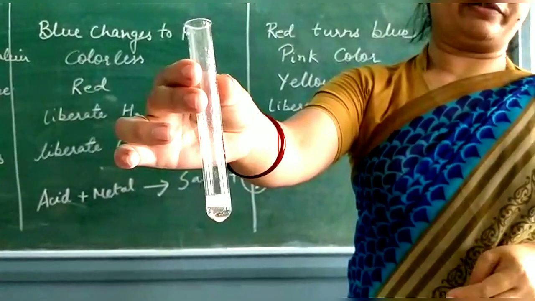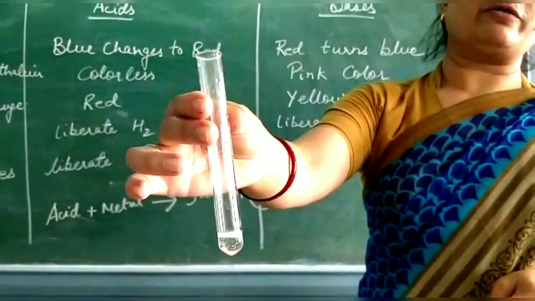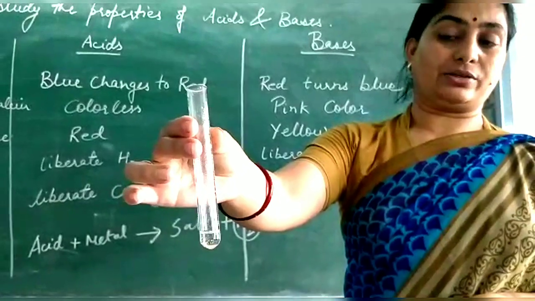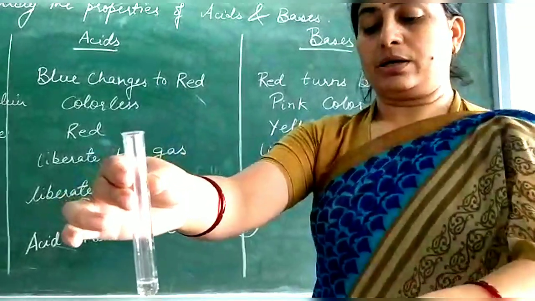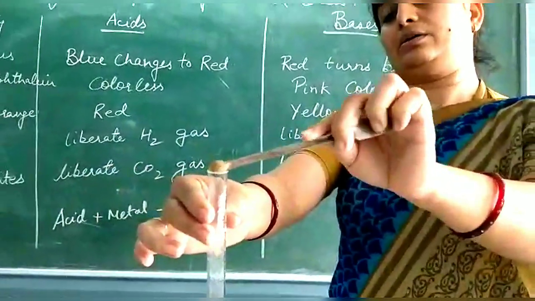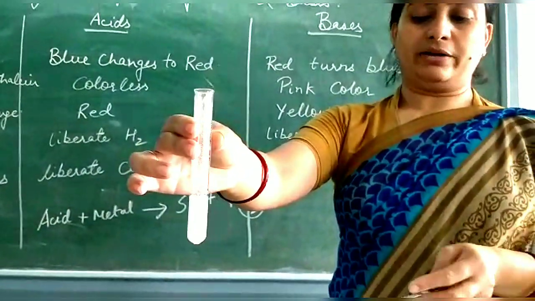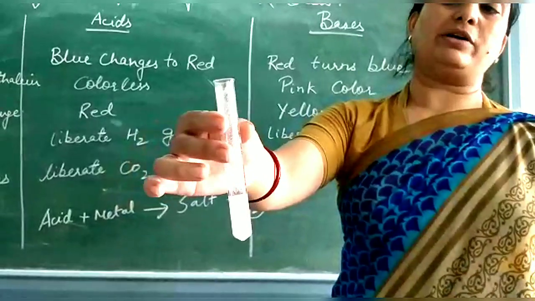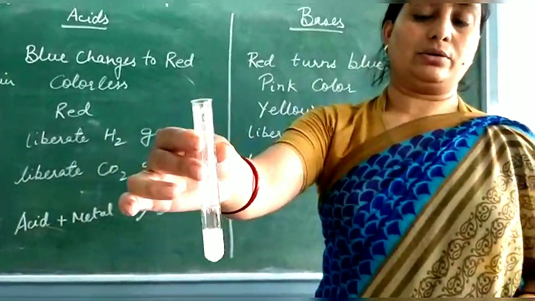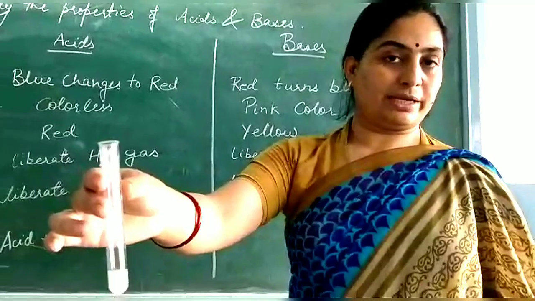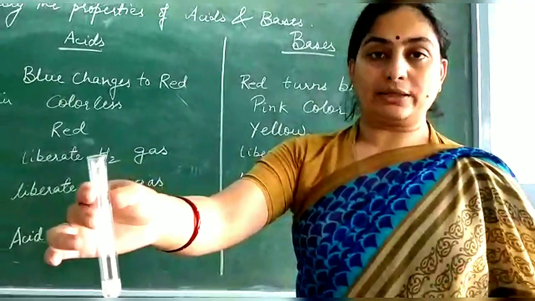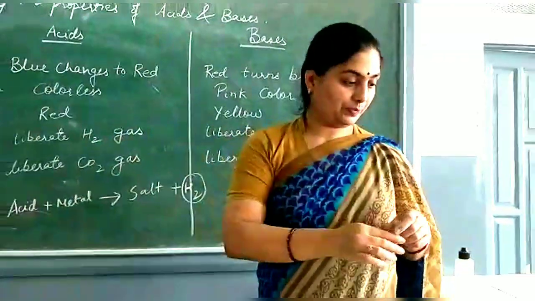We call it brisk effervescence, and that is because of liberation of carbon dioxide. Again I'm adding, you can see CO2 comes up, and if we collect this gas and pass it through lime water, it changes to milky. So that is how the reaction takes place between acid and carbonates or bicarbonates.